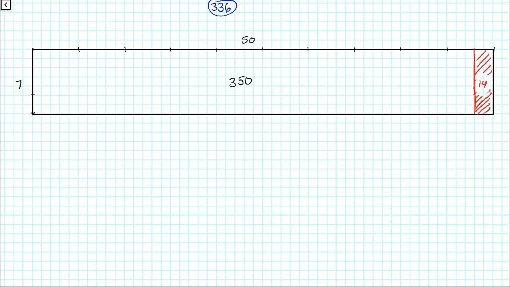So what we have is 50 groups of 7 minus 2 groups of 7, which is 350 minus 14. Subtracting 10 would get down to 340. So it would be 336.